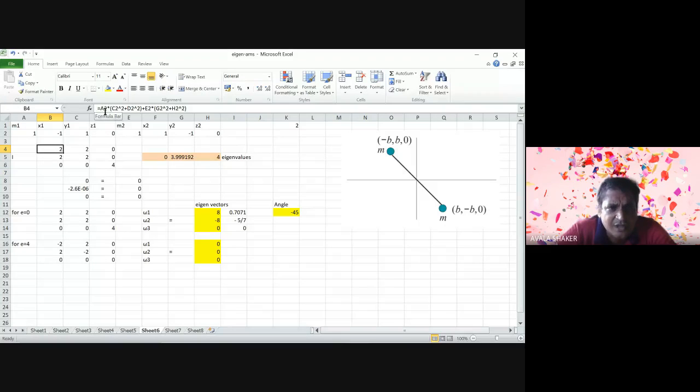So you will say that is m1 times y square plus z square, and then m2 times y square plus z square.